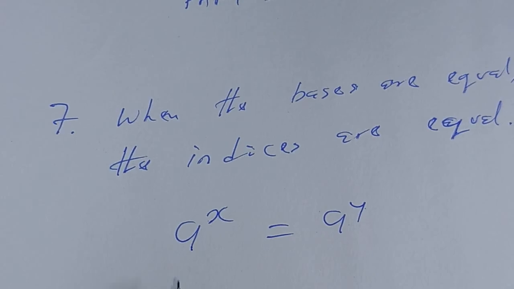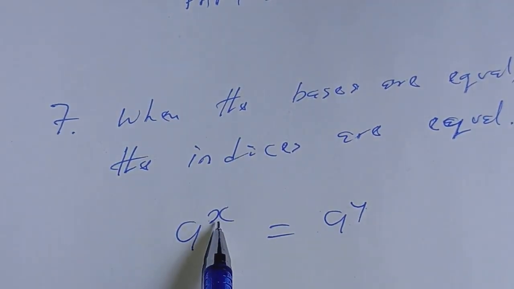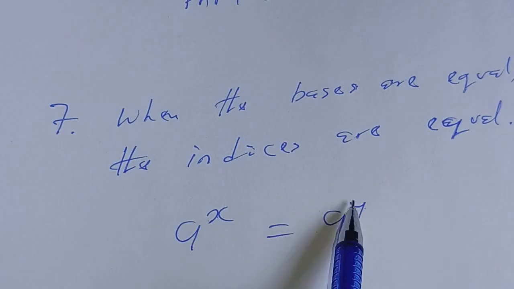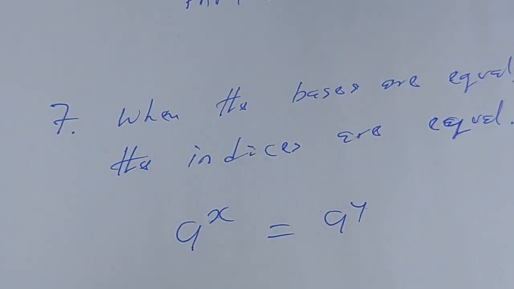A is equal to a, that means x will be equal to y. That's what the law states. If a equals a as the bases, then the powers are equal. Also, x is equal to y. If the bases are equal, then the powers are also equal.